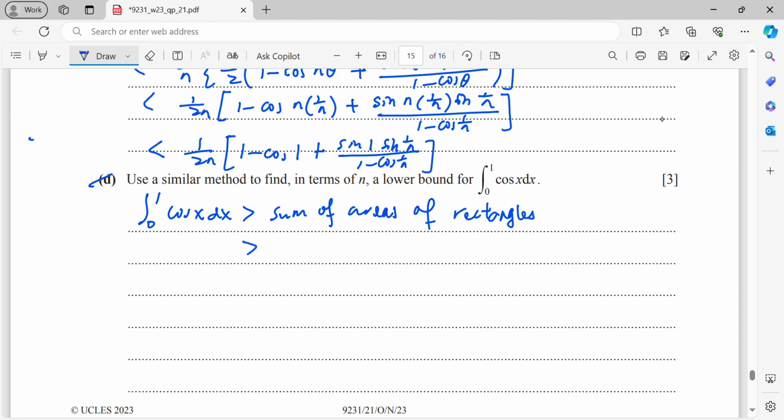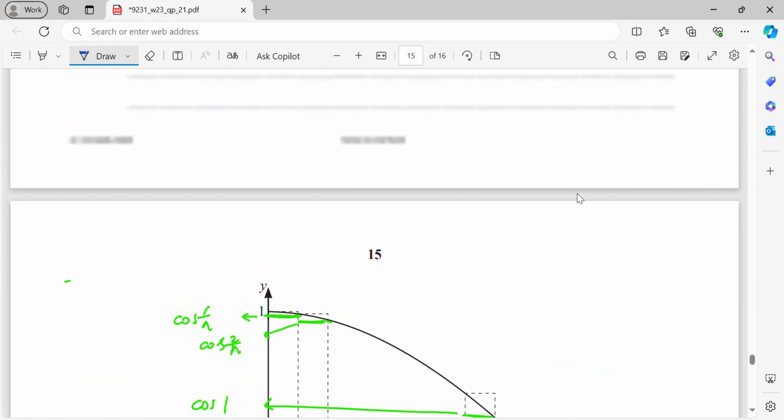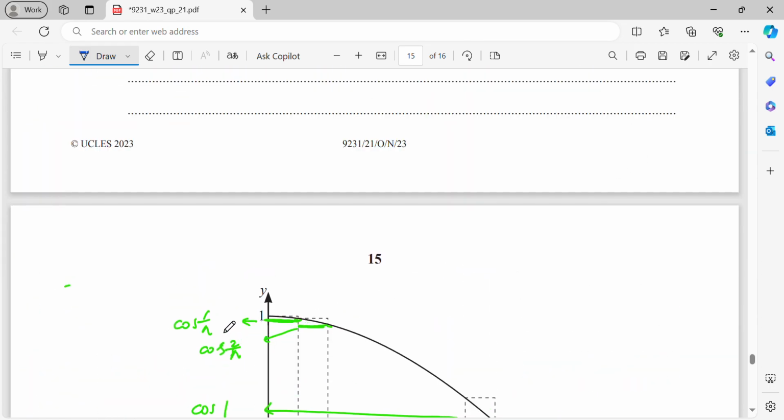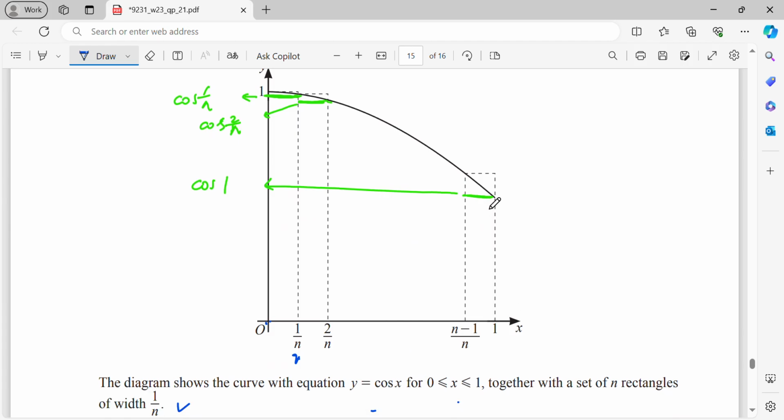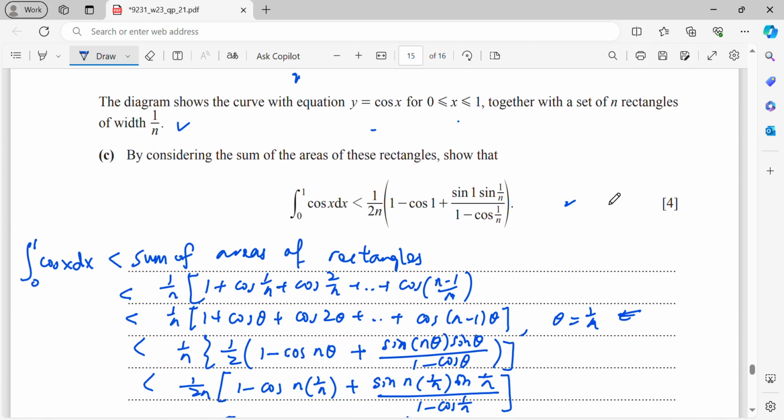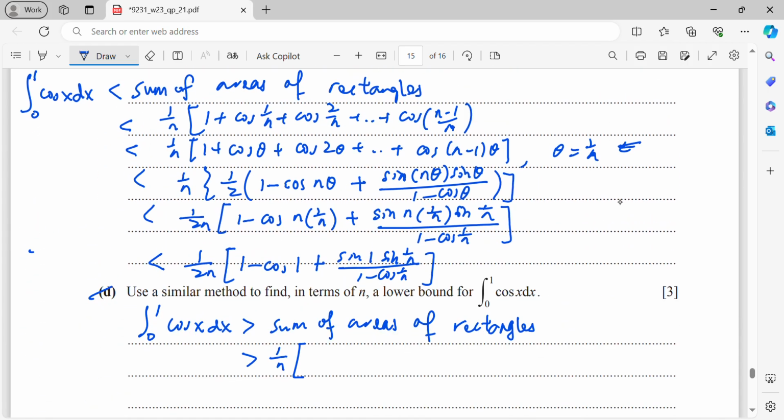Which is greater than, the width is still 1 over n. So now my first height is cos 1 over n, then my last height is cos 1. So which means now I will get cos 1 over n plus cos 2 over n plus until cos (n minus 1) over n, and then lastly plus cos 1.